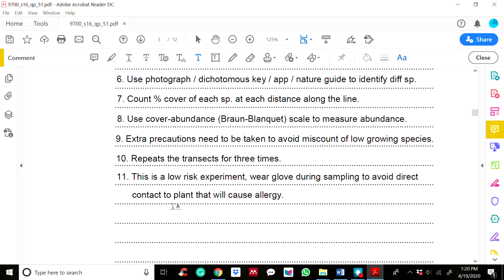Wear gloves during sampling to avoid direct contact with plants that will cause allergy. Or wear masks if allergic to pollen. Wear covered shoes and protective clothing to avoid injury.